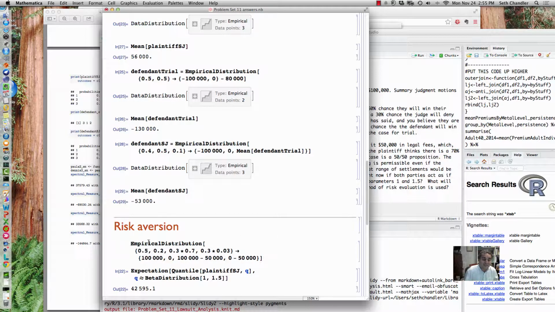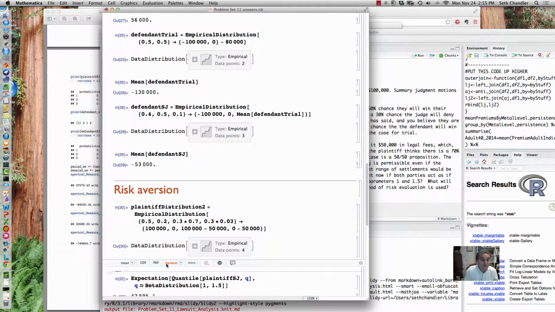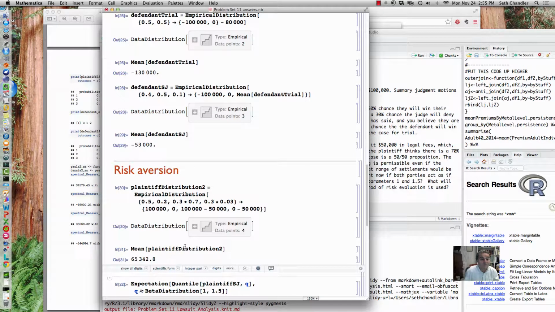So this is the plaintiff, I don't know, distribution 2. And if we took the mean of this distribution, it should be the same as it was before. Which it isn't.